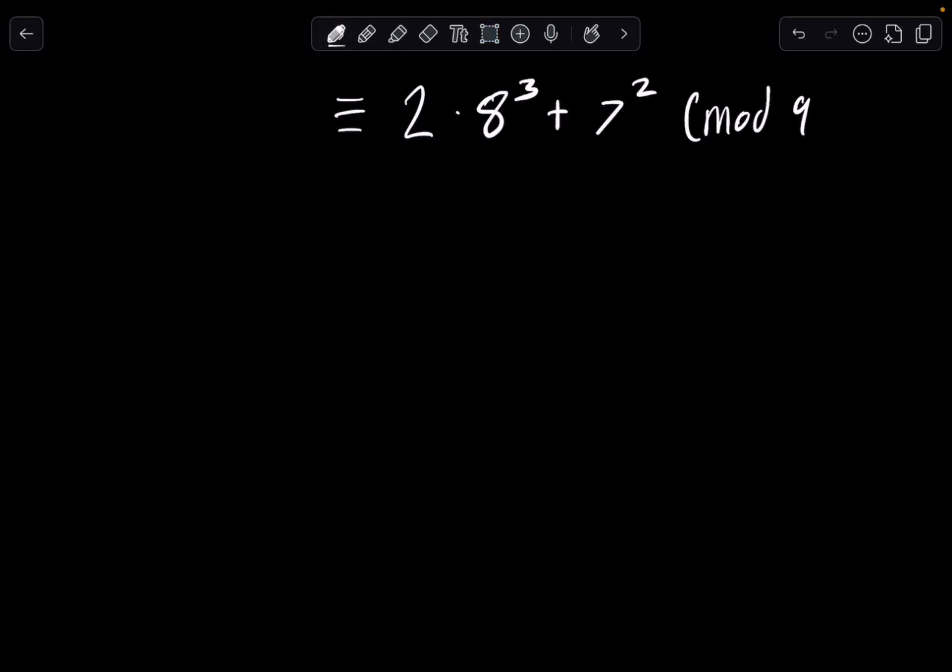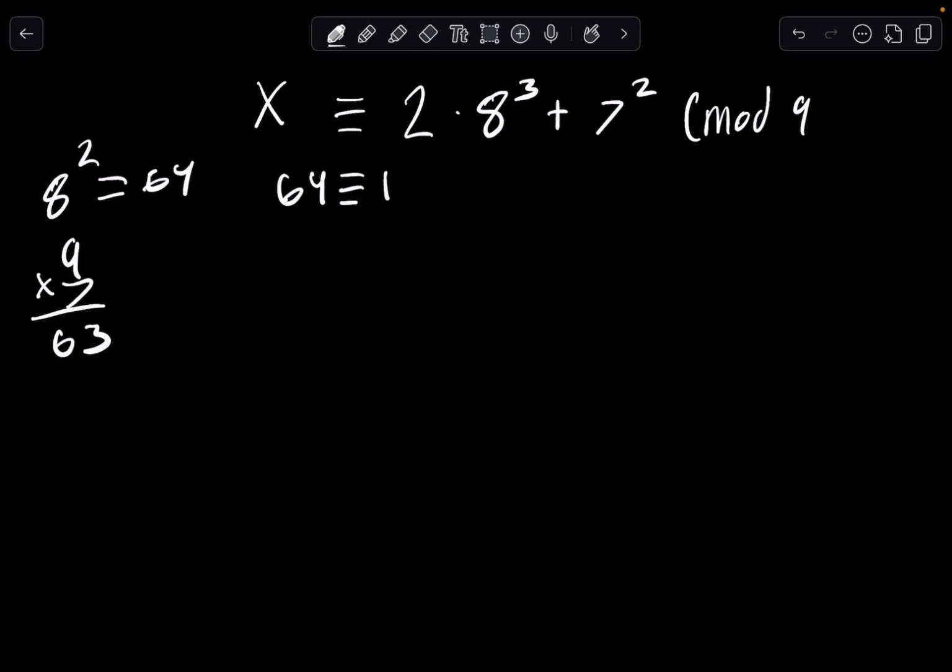We're gonna do it with the way that I just explained it. So 8 squared equals 64. And if you think about this, 9 times 7 equals 63. 64 will be congruent to 1 in mod 9. So one way we can do this, we can do x is congruent to 2 times 8 squared times 8.